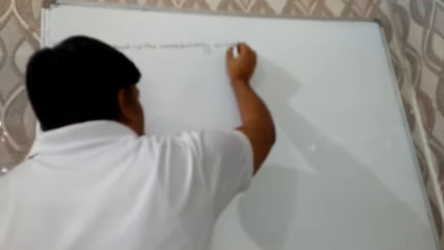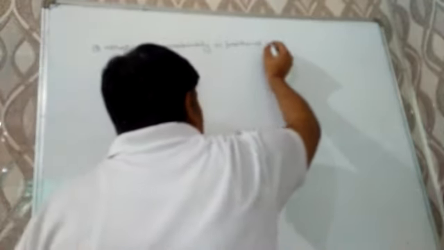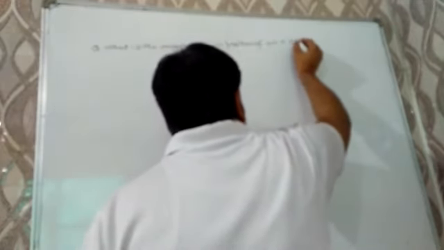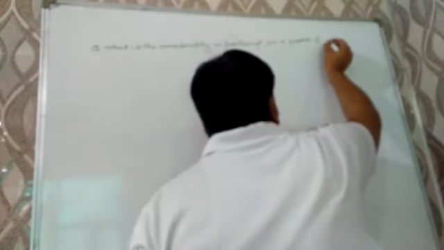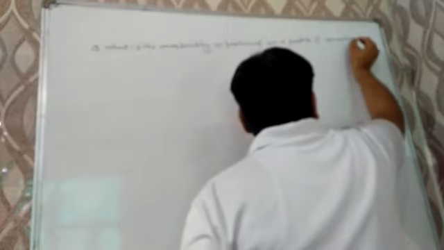Next numerical. What is the uncertainty in position of an alpha particle if uncertainty in velocity is 0.001 meter per second?